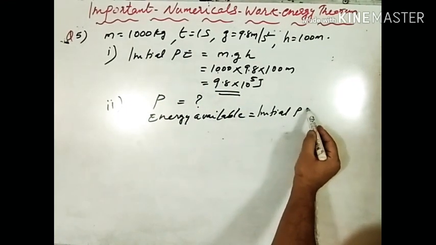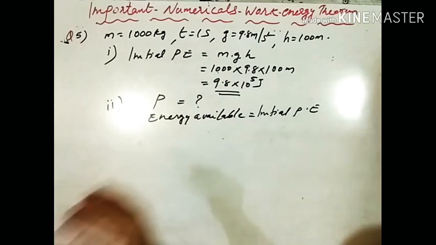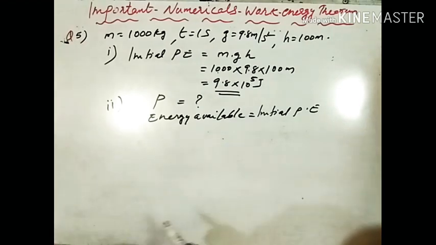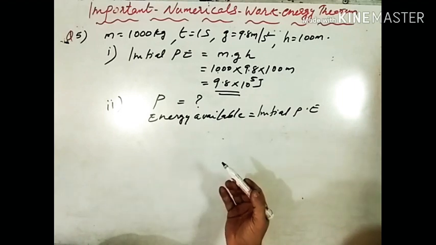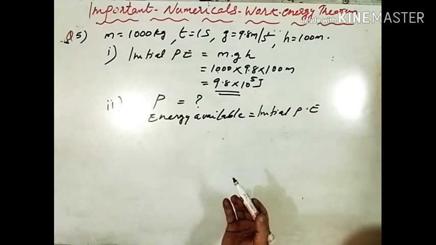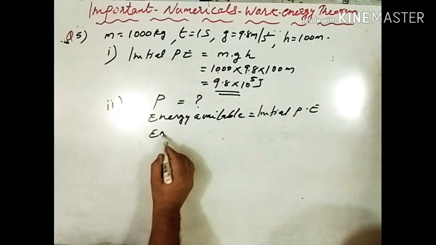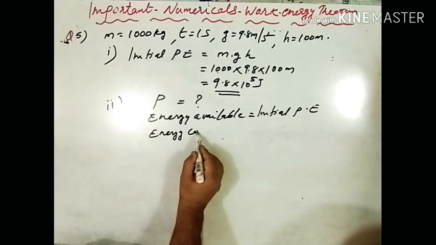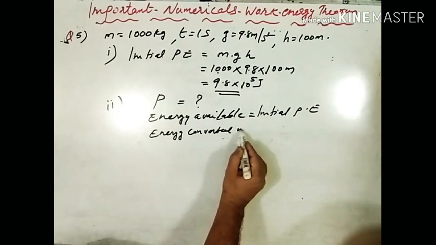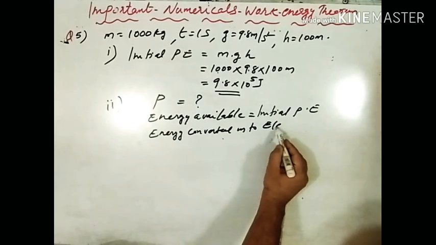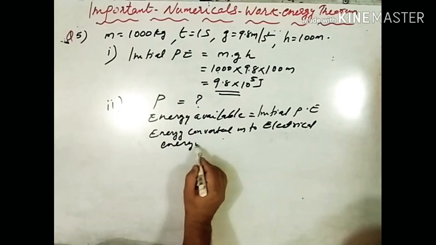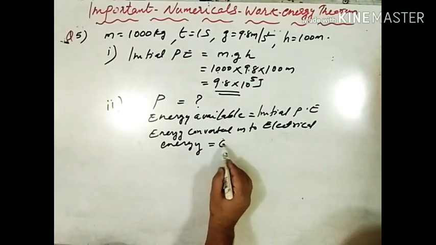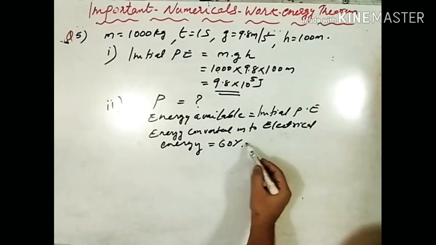Whatever may be the initial potential energy, that will be available to us. How much percentage of the energy is converted into electrical energy? 60% of the initial PE.